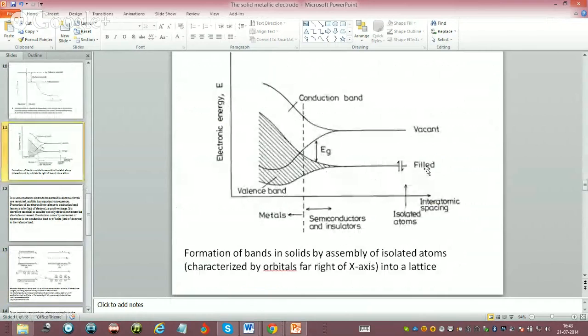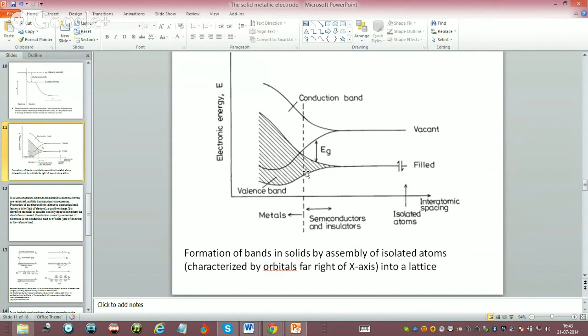This is the filled orbital in an isolated atom or metal, whatever it is. Then as I go on in the internuclear distance and go to the metallic state, the levels spread like this and give rise to an occupied band. The same way, the vacant orbital also spreads like this. Therefore, there is an overlap of the valence band and the conduction band in the case of the metal.